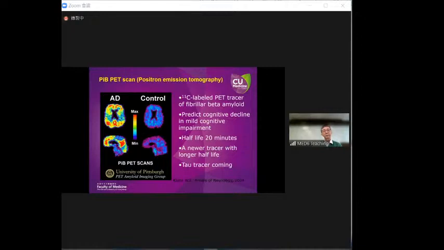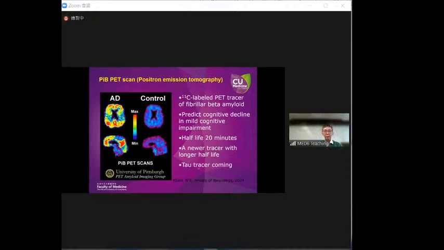Whereas in this patient with no Alzheimer's disease, the brain is clear. Unfortunately, this test costs about $20,000. So it's not something that we use that often.